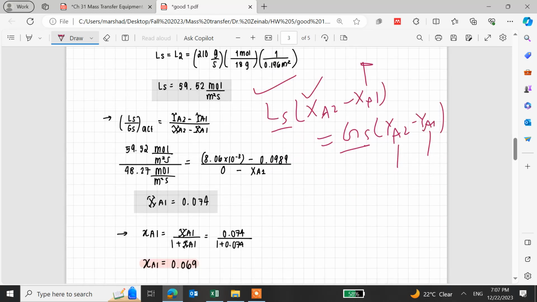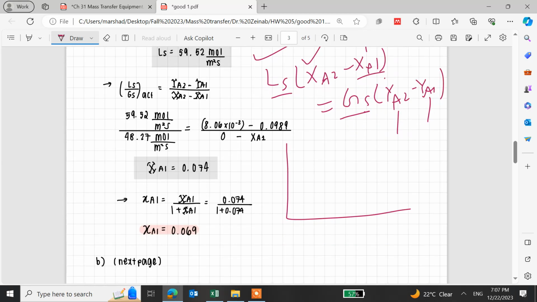Now XA1 is known, Y1 is known. So what can we do? We can draw the operating line. XA2 is 0, right? XA1 we have calculated from here. You can see XA1 is this.